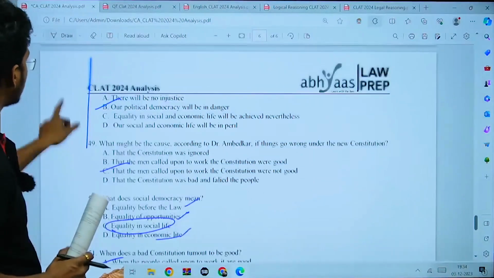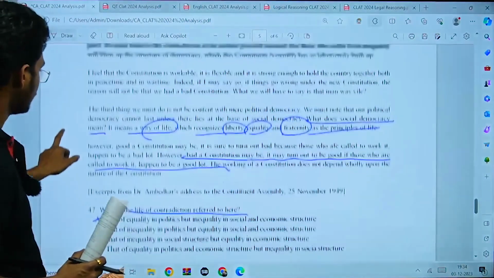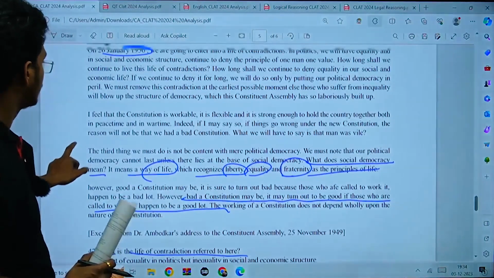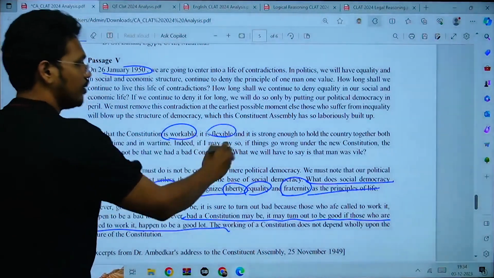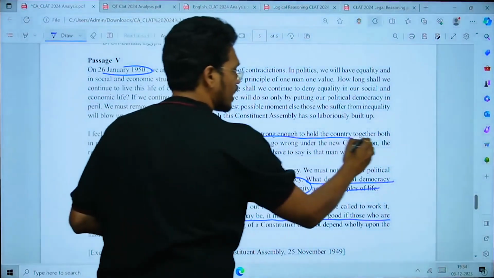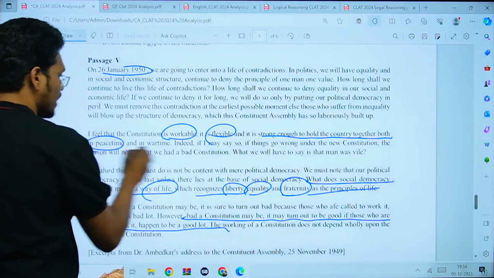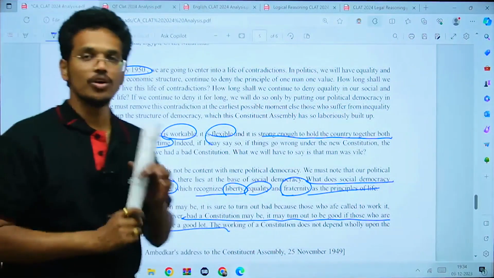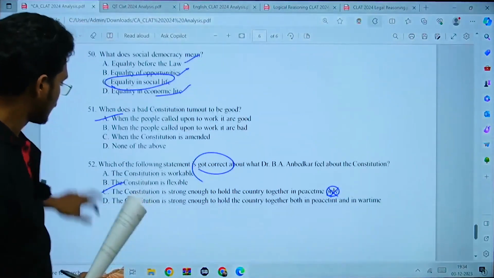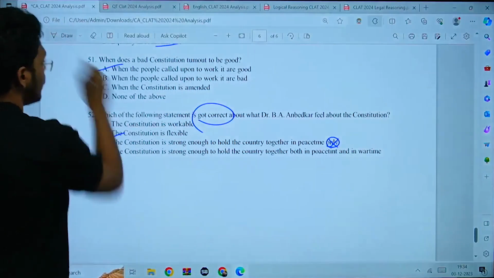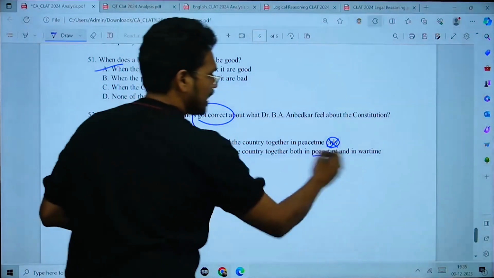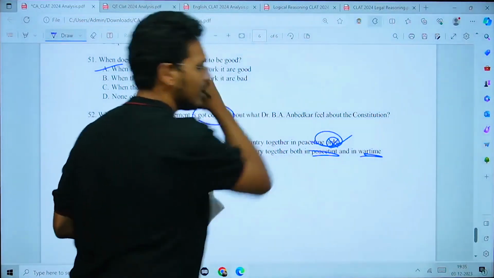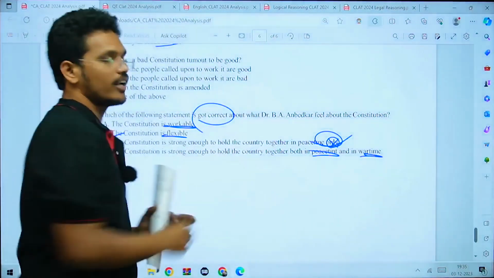If you look into the passage, the constitution is workable, flexible, strong enough to hold the country together in both peacetime and wartime. So only is the wrong one. So that is not a correct statement.